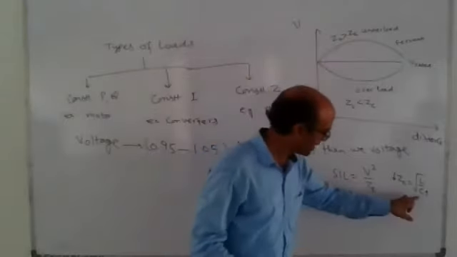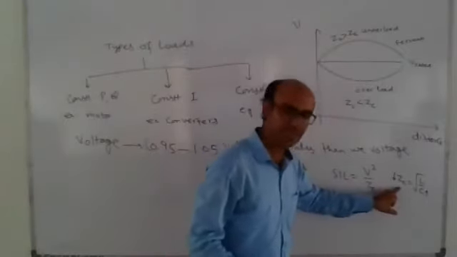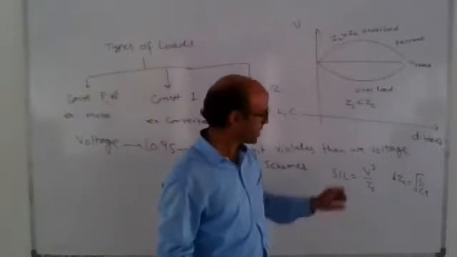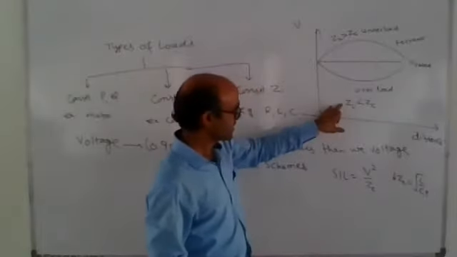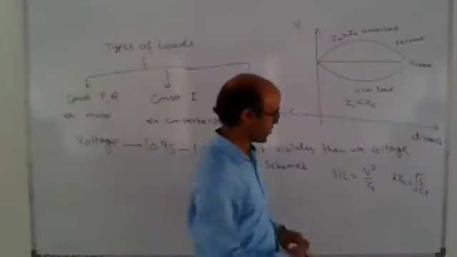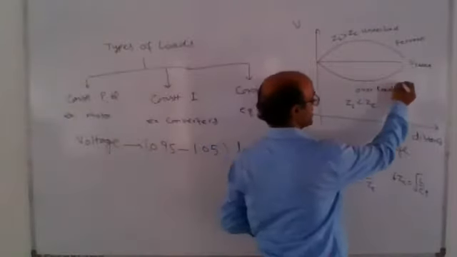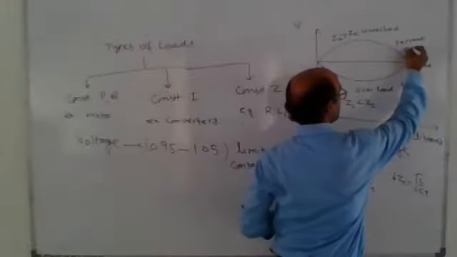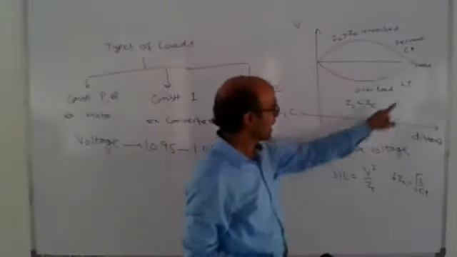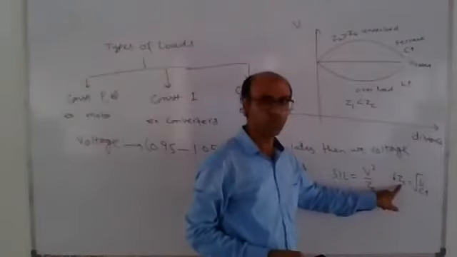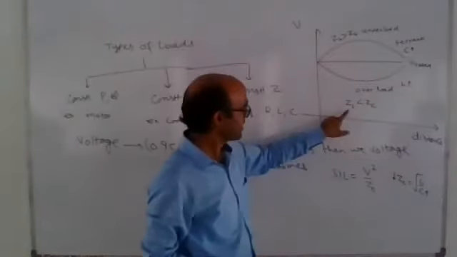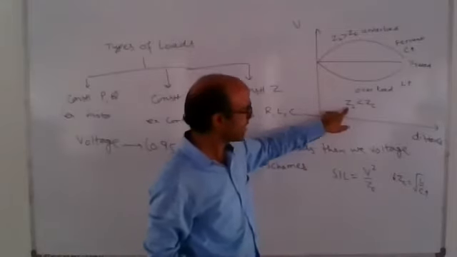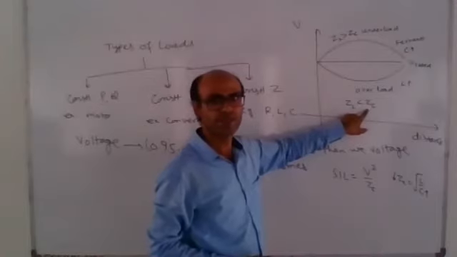You can see from here, if C is more, then ZC is less, so surge impedance loading is more than the loading. Similarly, in the other case, if L is more, then ZC is more, so we can say our loading is more than the surge impedance loading.